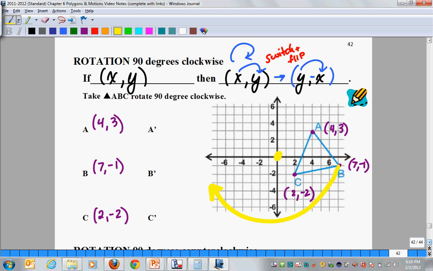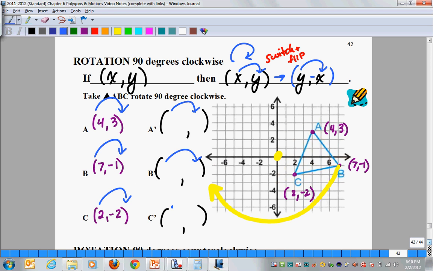So for our sub A, go ahead and make a template here. Now, since it's clockwise, draw yourself a little arrow like this. Draw your arrow here as well. That helps you remember the direction. So we're going to switch and flip.